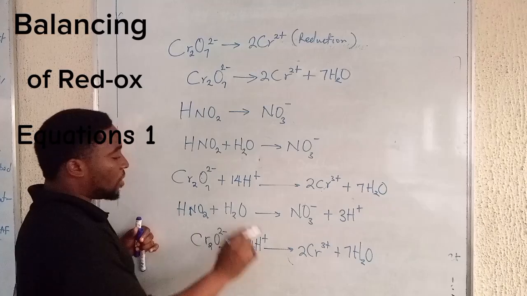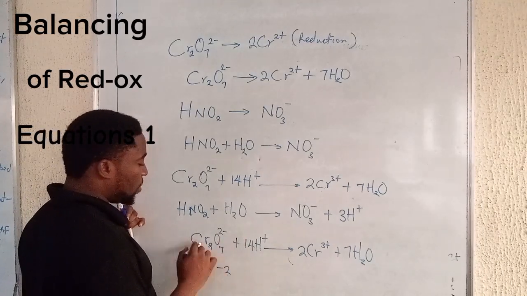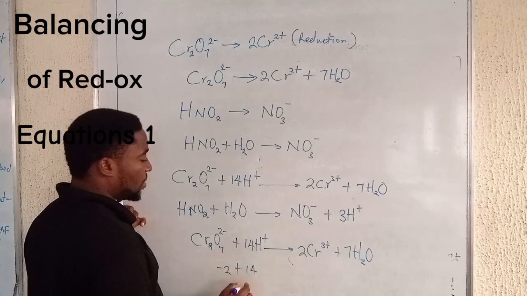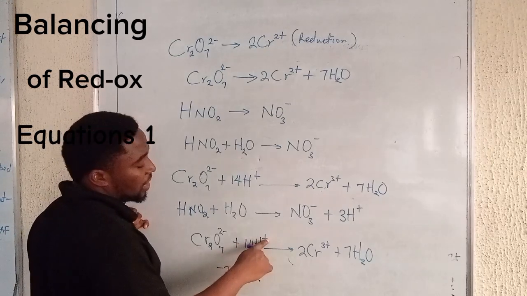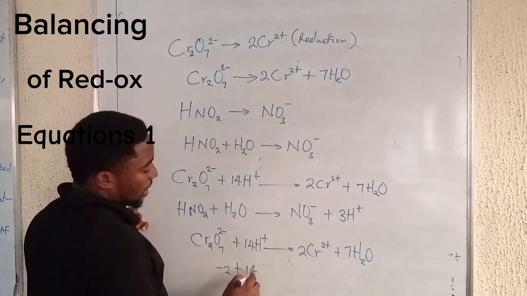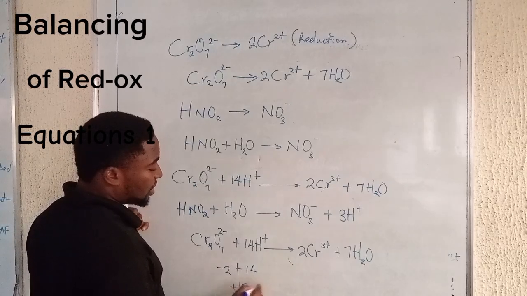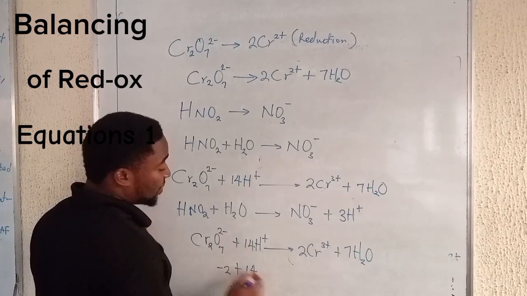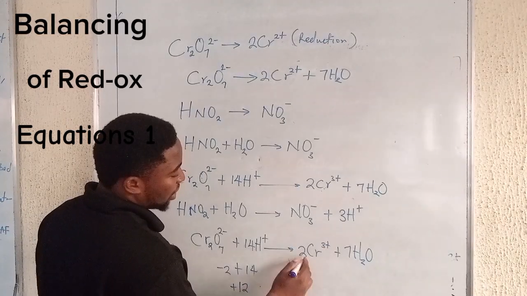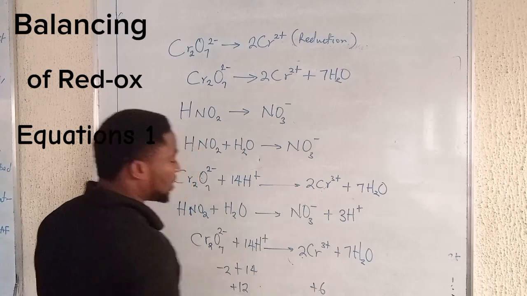To check all the charges on the left hand side, this is minus 2 from this radical, and this is plus 14, because here is plus 1, so 14 times plus 1 will give us plus 14. Altogether we have a total of 12 positive charges on the left hand side, and when we compare it to this side, here we have 2 times 3 plus, which is 6 positive charges.